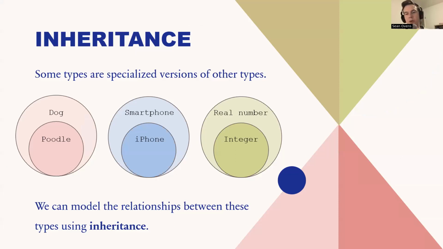All right, so occasionally we are going to encounter types that are specialized versions of other types. So, for example, in the real world, a poodle is a specialized version of a dog, an iPhone is a specialized version of a smartphone, and an integer is a specialized version of a real number, right?